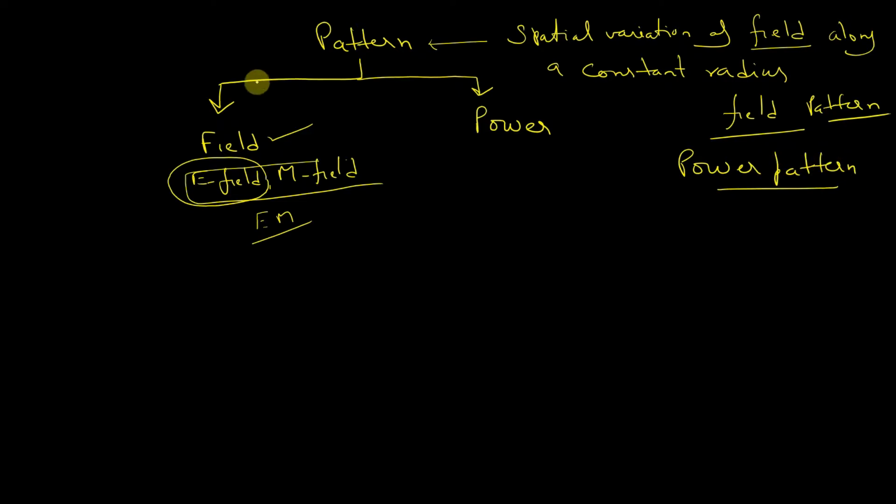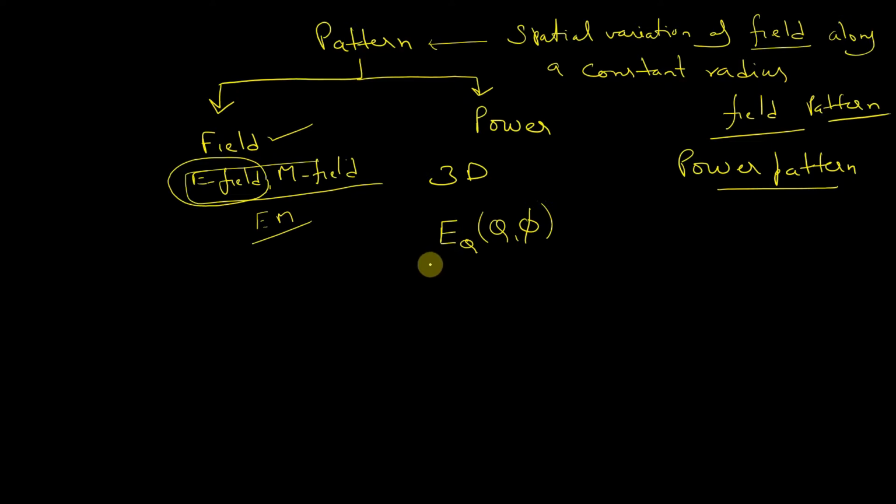So the 3D pattern of an antenna can be plotted in terms of field and power. If it is plotted in terms of field, then we can write E(theta, phi), a function of theta and phi in the spherical coordinate system.